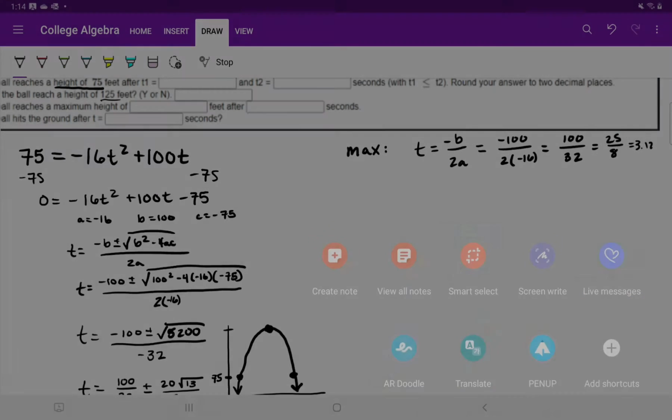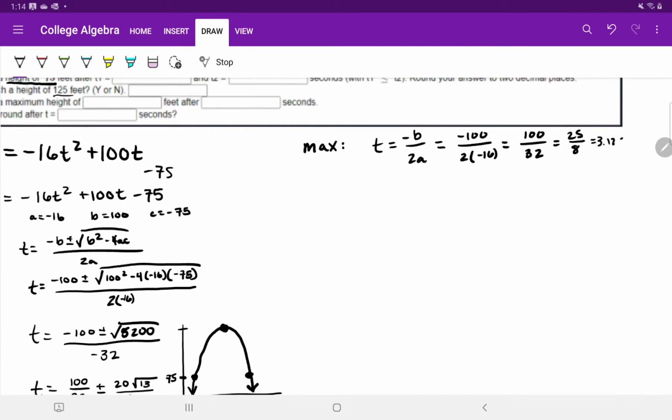So our maximum value occurs at the time of 3.125 seconds, but the h value at the maximum would be h of 3.125. So let's actually plug that into our function now. Negative 16t squared plus 100t.